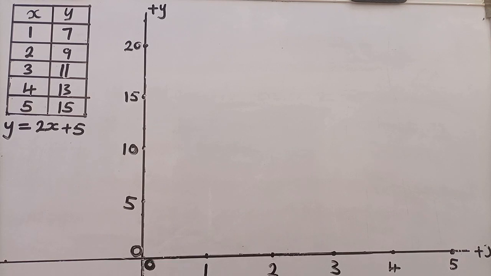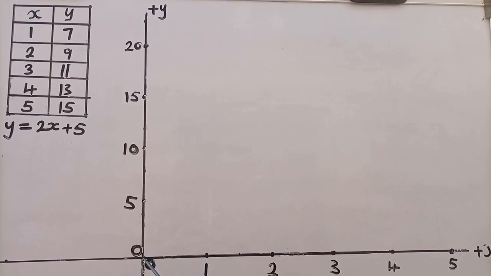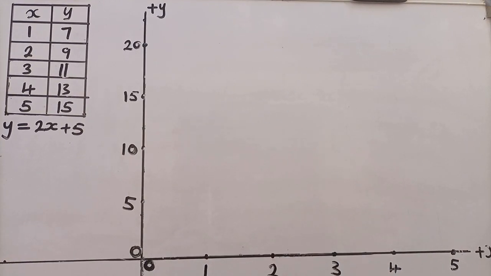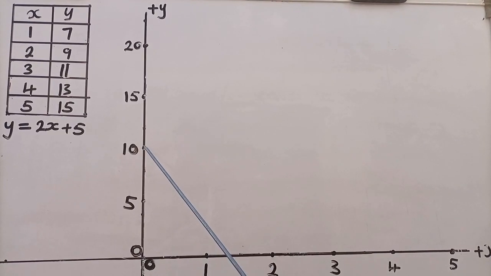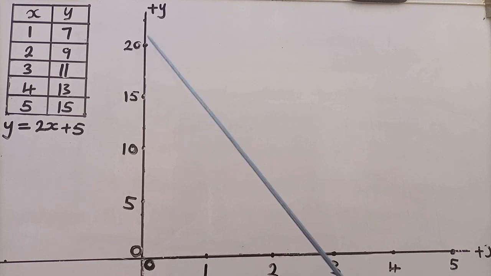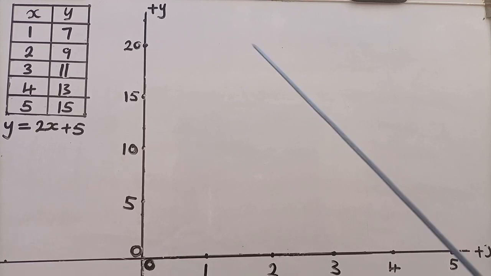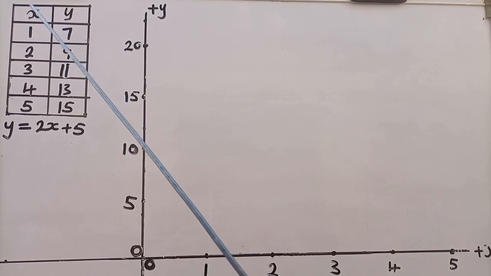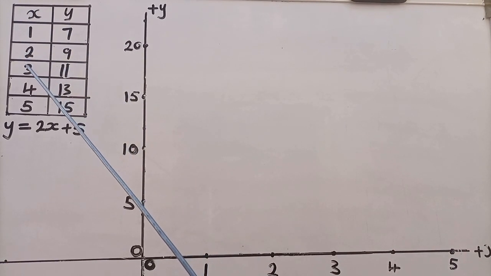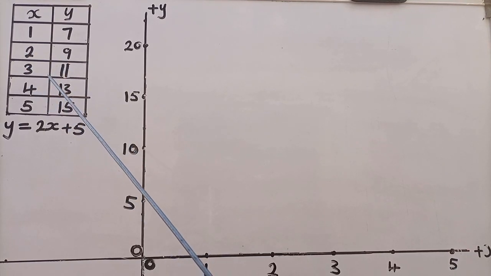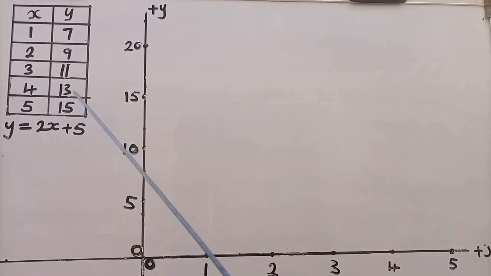Now, after breaking the gap from here to here into 4, we now have 5, 10, 15, and 20. Now, let us do as before. Let us start looking for the points of intersection in this space. That is where 1 meets 7, where 2 meets 9, where 3 meets 11, where 4 meets 13, where 5 meets 15.